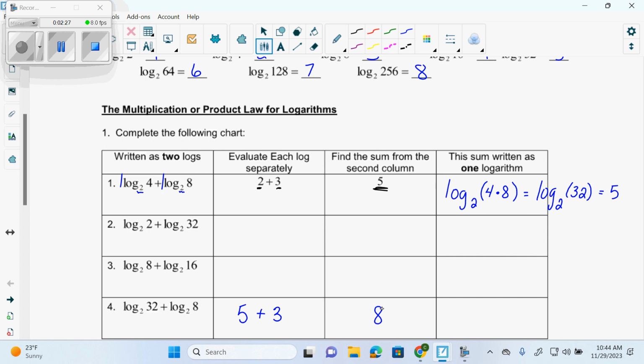So now, if we have log base 2 plus 1 in front, plus 1 in front, I can put them together by multiplication. So log base 2 of 32 times 8, which is log base 2 of 256, which is 8. We have it up there. So they match.